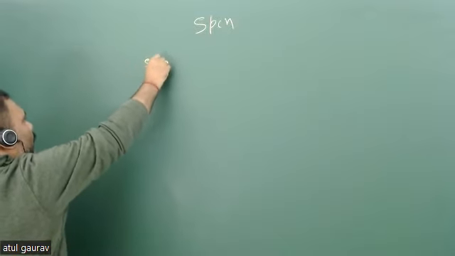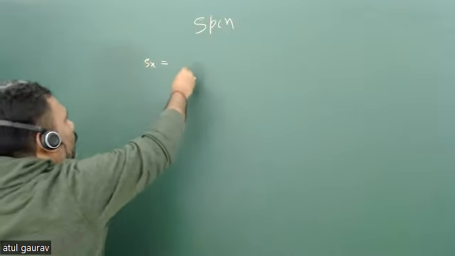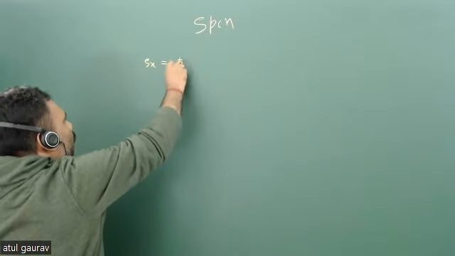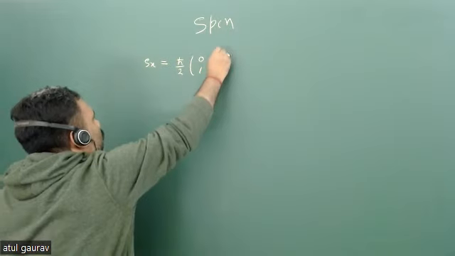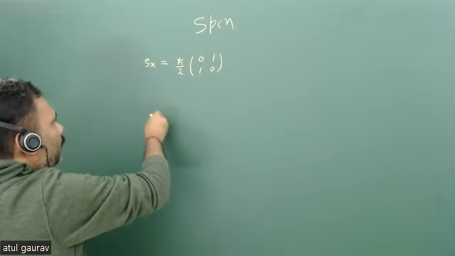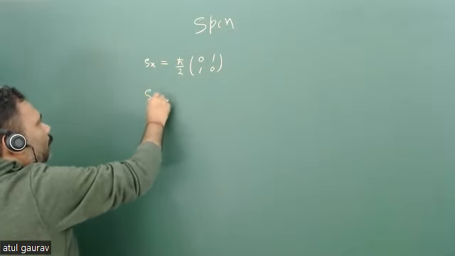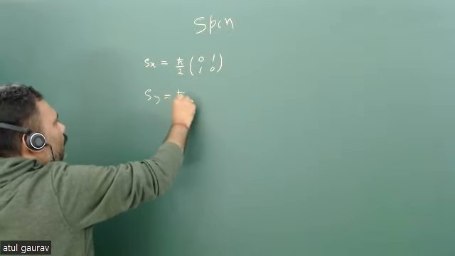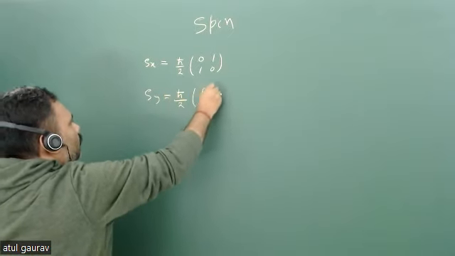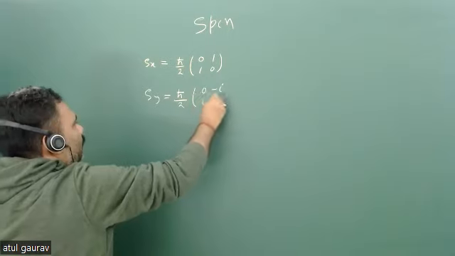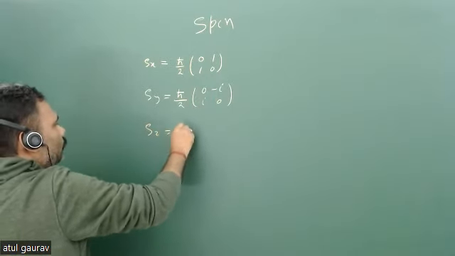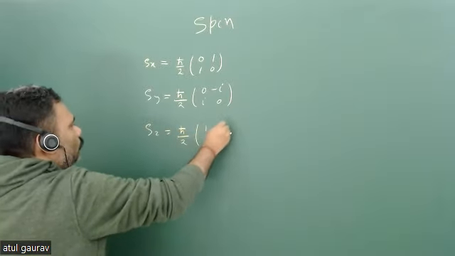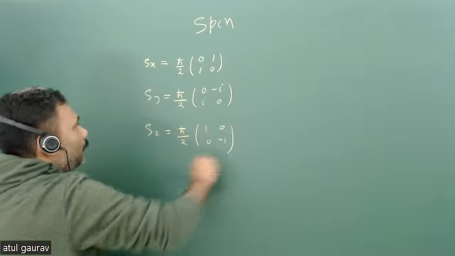Sx operator is nothing but h cut by 2 times the matrix 0 1 1 0, and Sy operator is equal to h cut by 2 times the matrix 0 minus i, i 0, and Sz is equal to h cut by 2 times 1 0 0 minus 1.